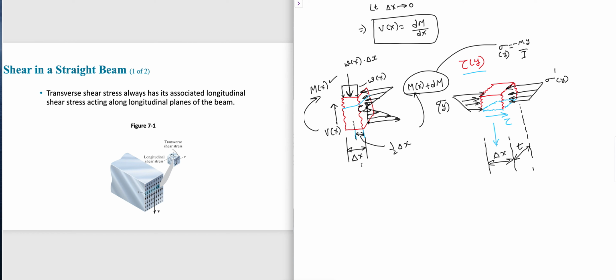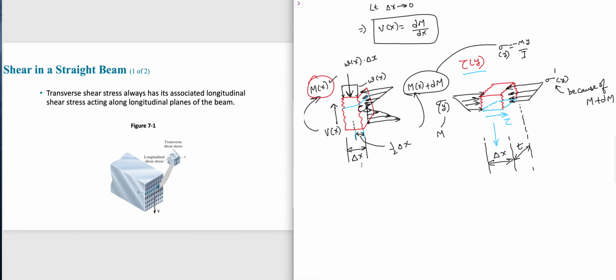Now what else do we have? Why did we get the sigma? We got the sigma because of m plus dm on the right side, and this sigma is because of m on the left side. So I'm replacing m. If you observe here, I'm not drawing this m any longer.